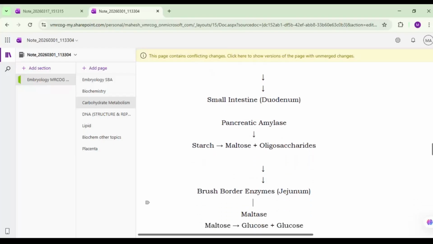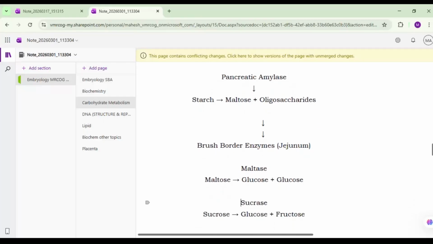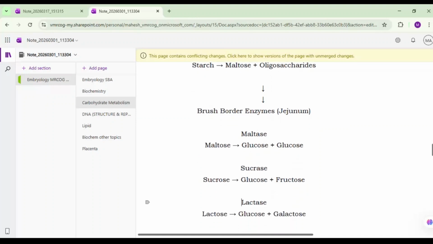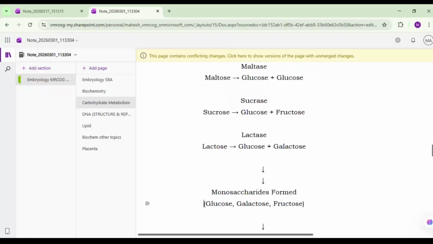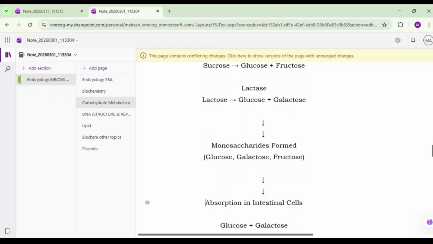And in the brush border enzymes, or in the jejunum, there is a maltase which will convert maltose into 2 molecules of glucose. There is a sucrase which will convert sucrose into glucose plus fructose, and there is a lactase which will convert lactose into glucose plus galactose. Finally, monosaccharides will be formed, which are glucose, galactose, and fructose, and these will get absorbed in the intestinal cells.